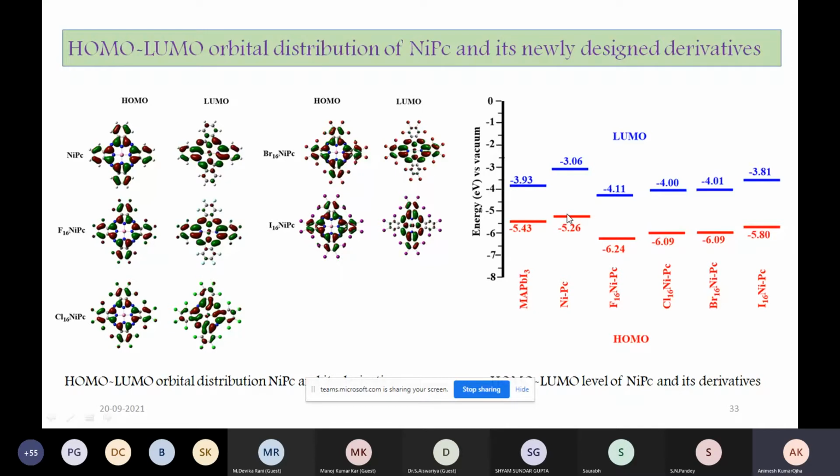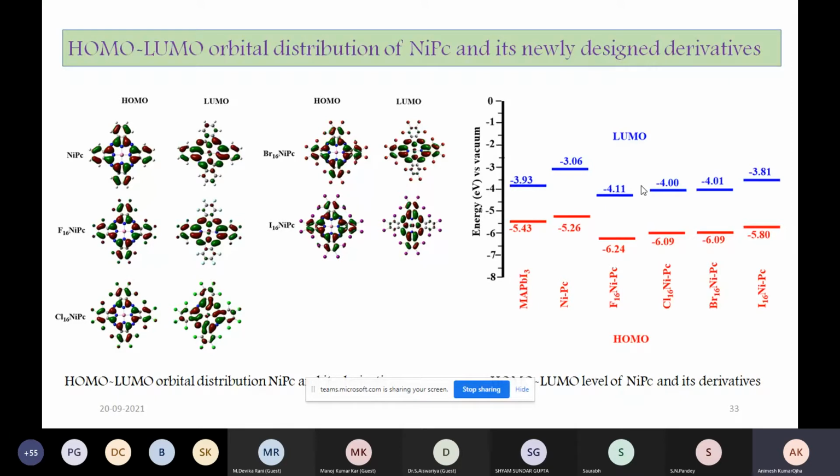Now for our designed molecules, see, the conduction edge is lying slightly below the conduction edge of the normal perovskite. Okay, so this means that all these designed molecules act as an electron transport layer. So this shows that the designed molecules act as an electron transport layer.